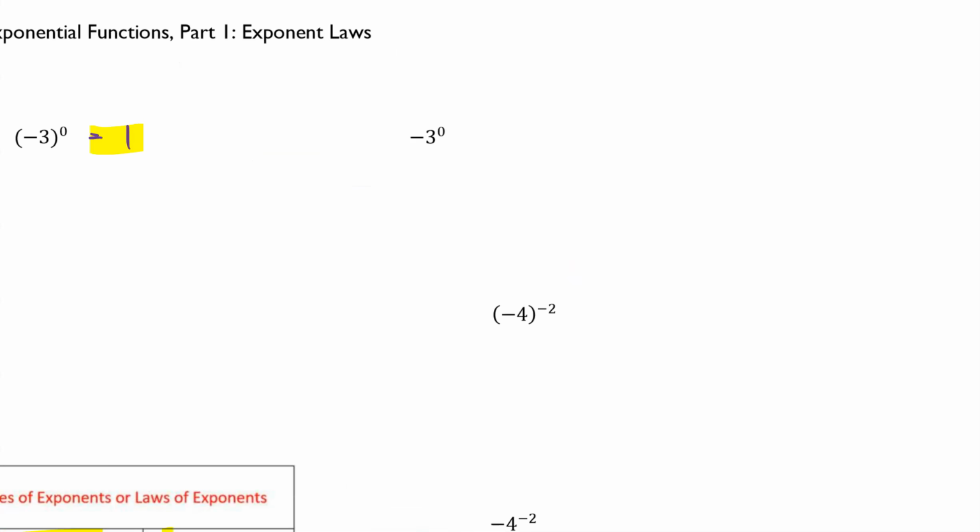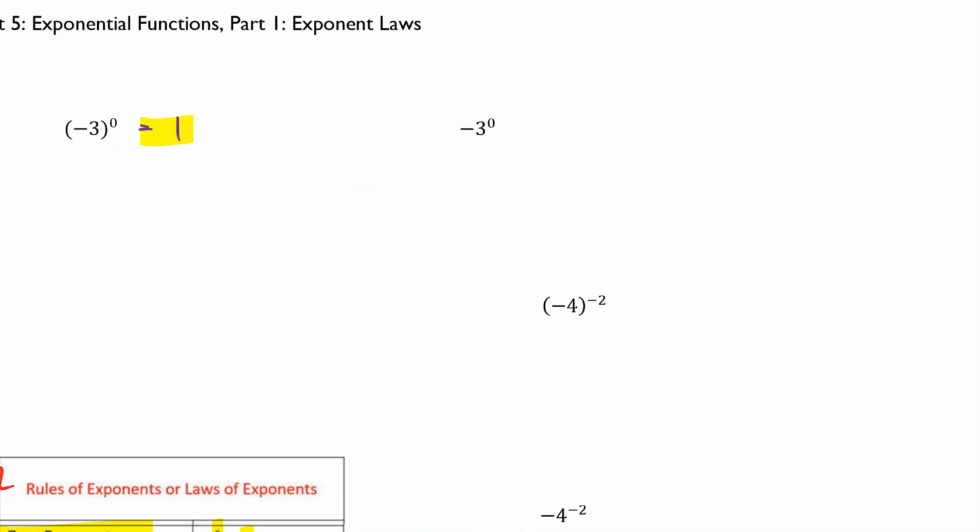Look at this one. This is -3 with no brackets to the exponent 0. Well, what's your base? Some of you I taught before would remember this little problematic situation. This is actually the negative multiplying, so we've got to handle the exponent first. 3 to the exponent 0 is 1.